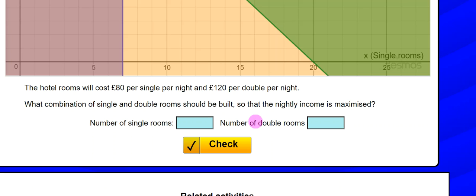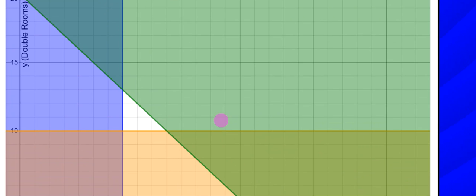So I want to maximize my y's and then think about how the x affects it. All right? So if we look at our region, what's the maximum y I can have? There, yeah? What's that? 13. And how many x's? 7. 7 and 13. Now, I can go down to this point and have one less double, but one more single. Is that worth it?